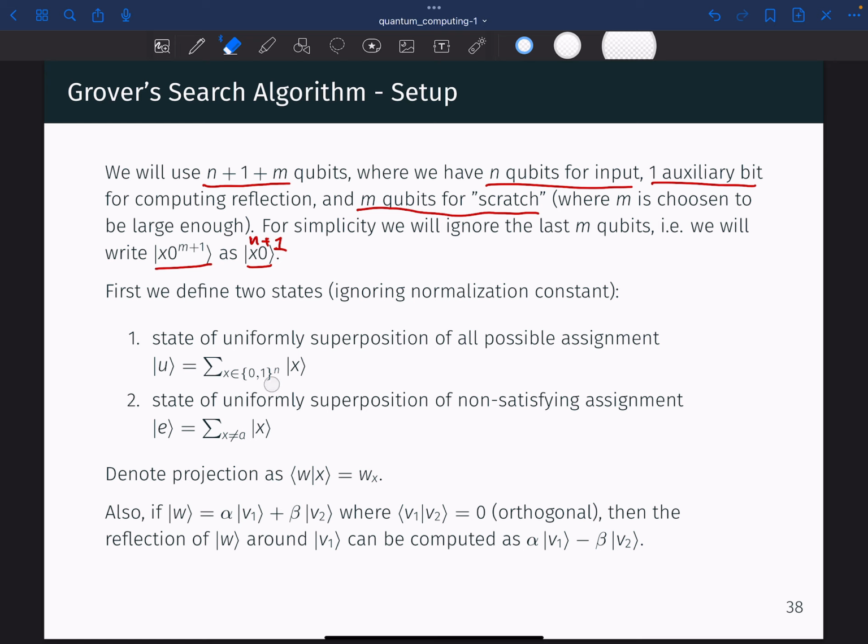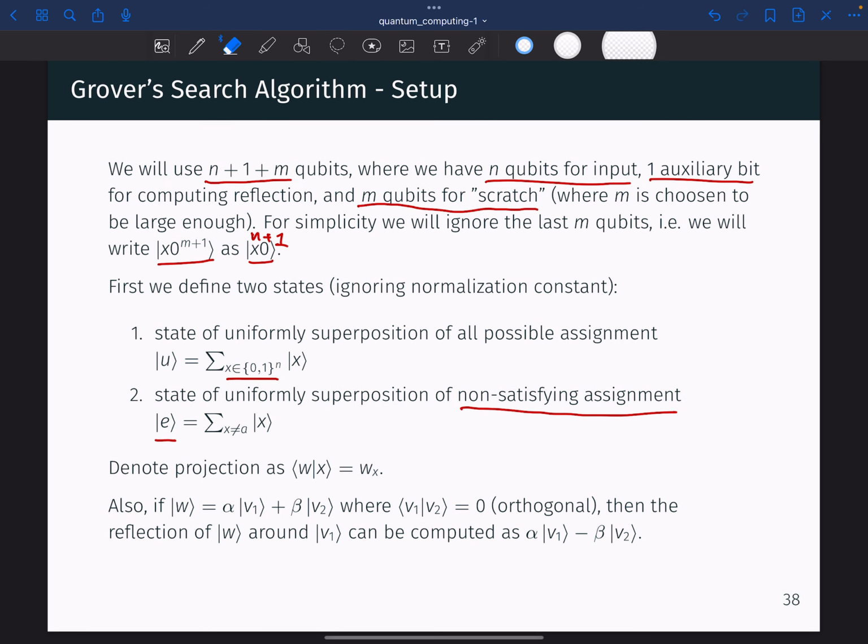So we'll go through all possible assignments, and we'll add them up in equal superposition. We also define a second vector E, which is the superposition of non-satisfying assignments. We'll go through all possible n-bit strings except the one that we want, which is a. So you add up all x not equal to a, and that gives you E.